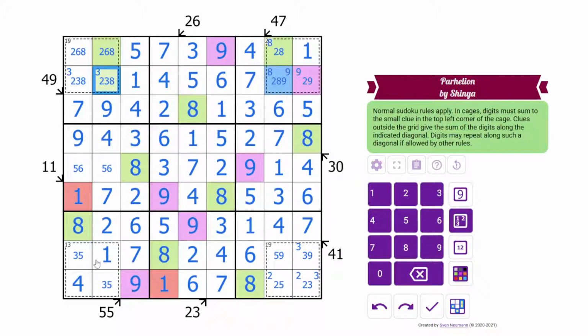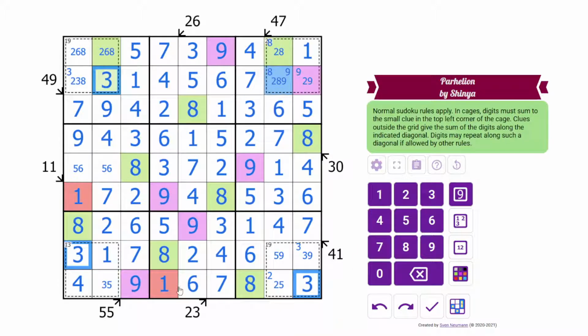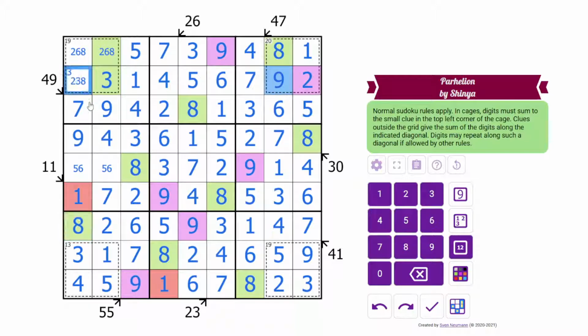Okay, I don't want to do more bifurcation, but I'll just do... 2, 3, 8.